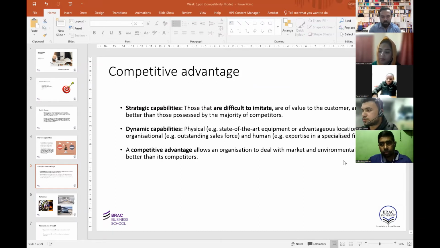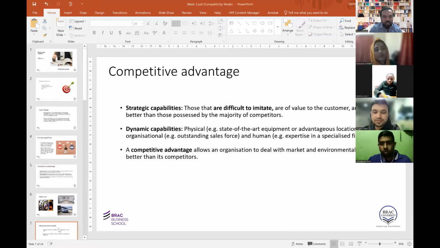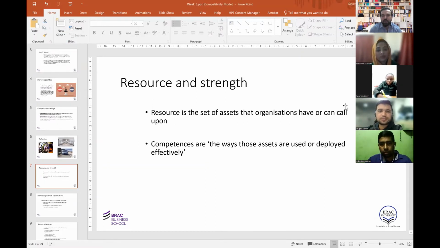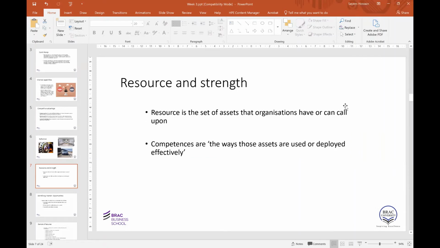So moving on, we'll expand this understanding through other theories and frameworks. So let's now talk about resources and strengths. A resource is a set of assets that organizations have or can call upon, okay? So every organization has some resources and some strengths, all right?